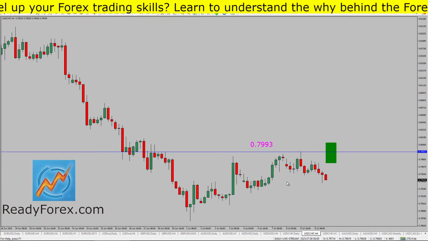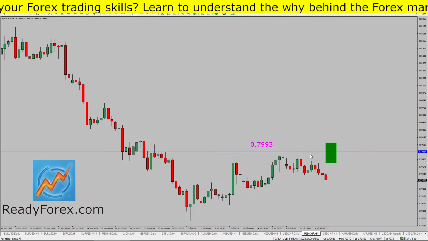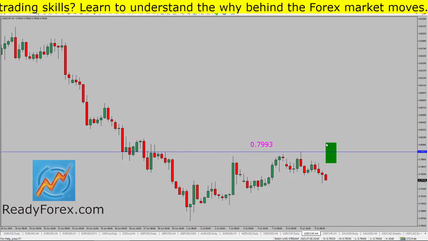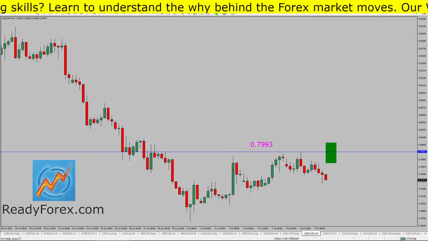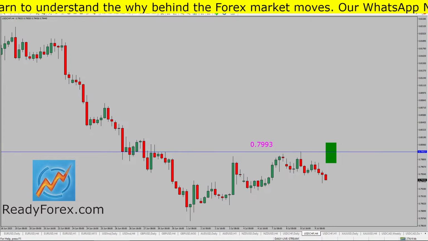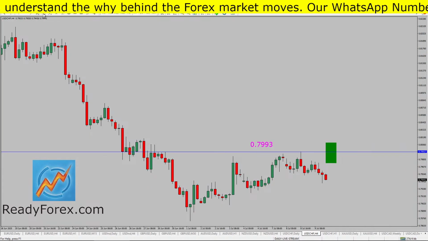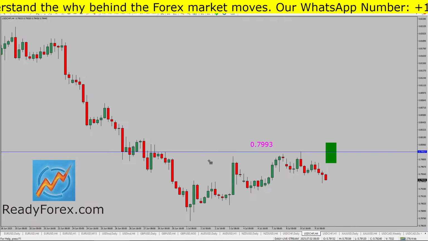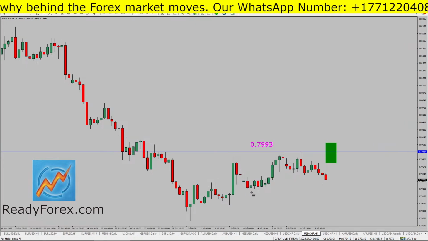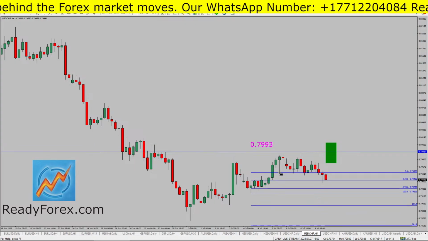Okay, 4-hour time frame, price action tested 0.7993 level, but we haven't got the close. Okay, I'm going to draw a Fibonacci retracement level over here, and I want to know basically what is going on over here. Maybe this is some kind of a triangle formation or a flat pattern.